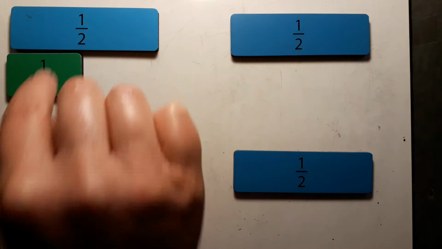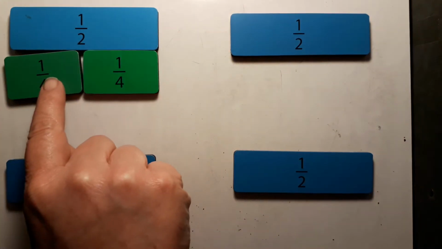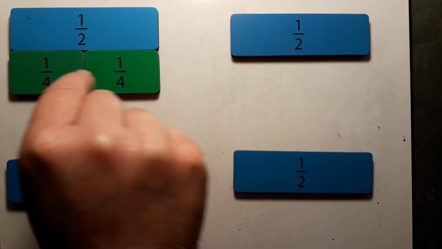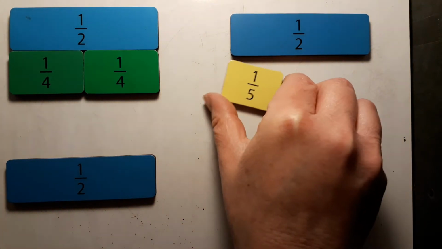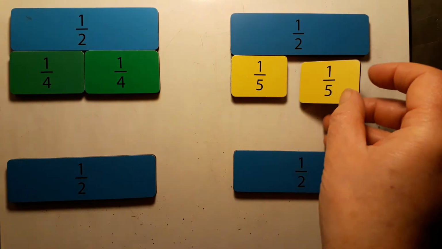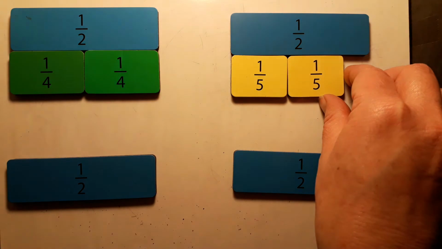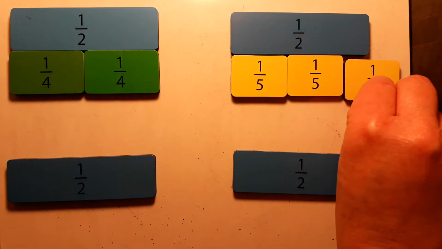So I think most of you know that 2/4 is the same or equivalent to a half. Okay. And now I'm going to test fifths. So can I make a fraction that is equivalent to a half using fifths?